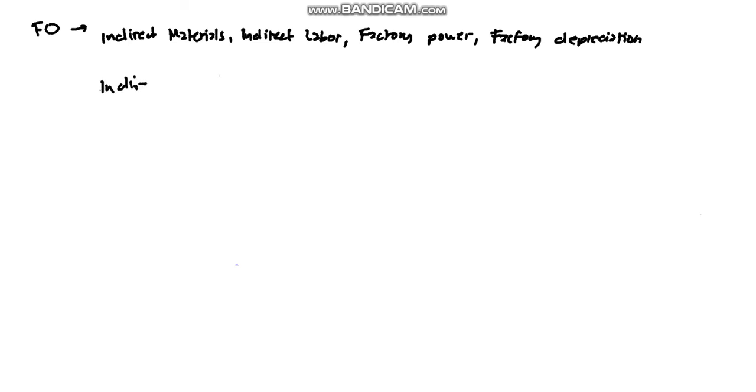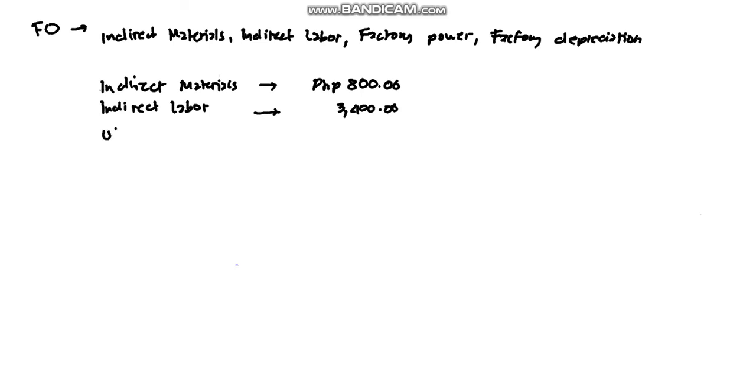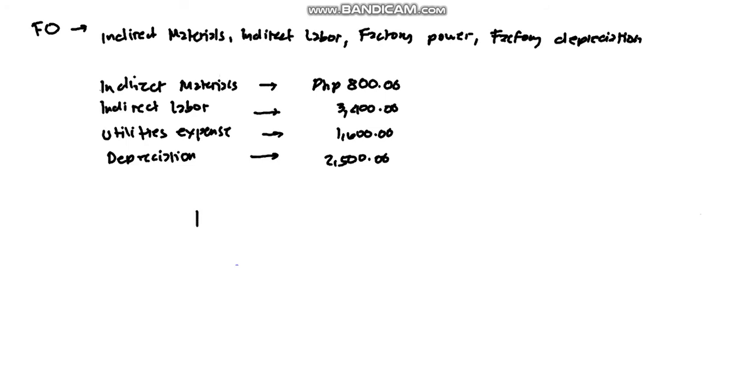It has indirect materials of 800 pesos, indirect labor of, let's say, 3,400, utilities expense of probably 1,600, and depreciation related to the factory of 2,500. So that would be recorded in the books as follows.